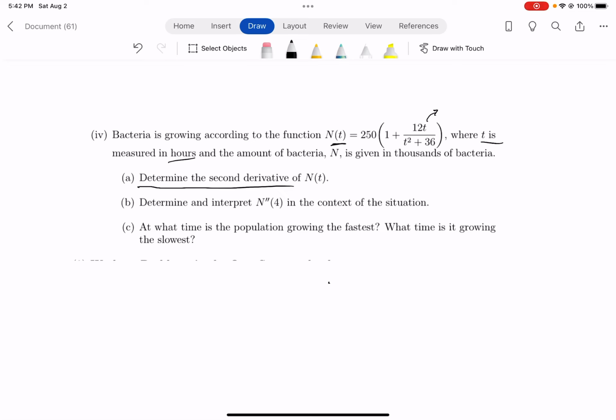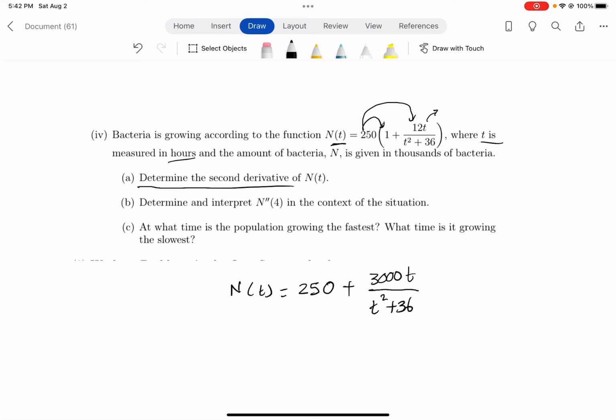So let's open it up and put the function: 250 times 1 is 250, 250 times 12 is 3000. So I'm going to open this and this times this, 3000t over t squared plus 36.